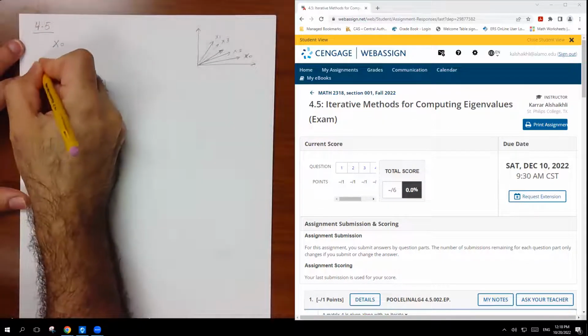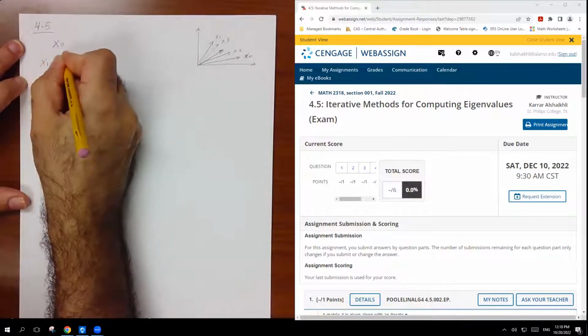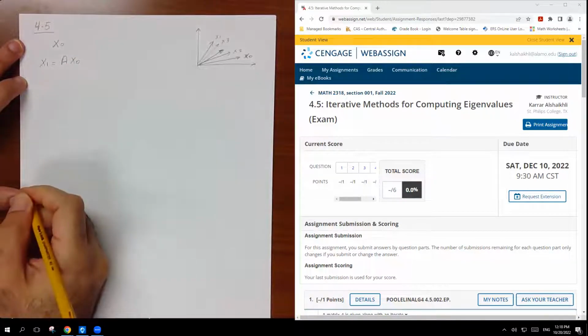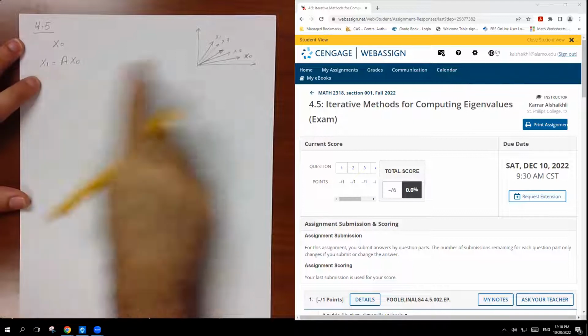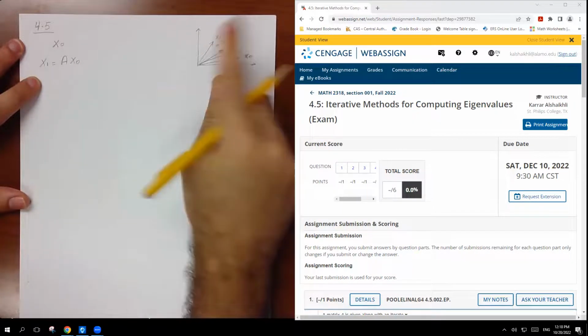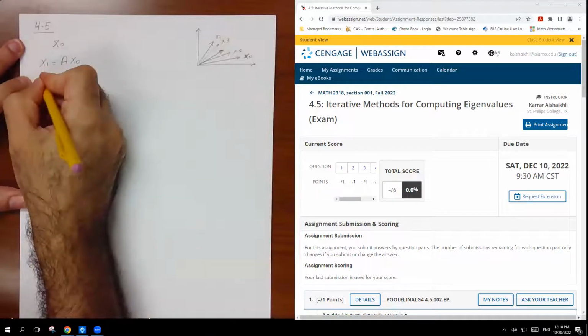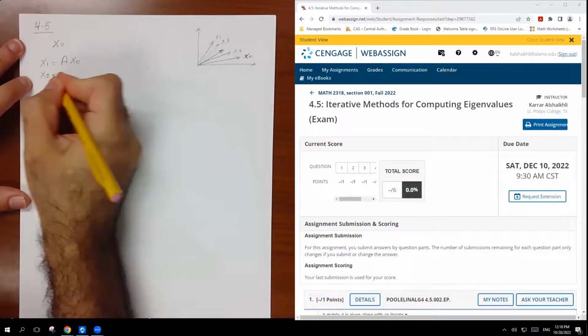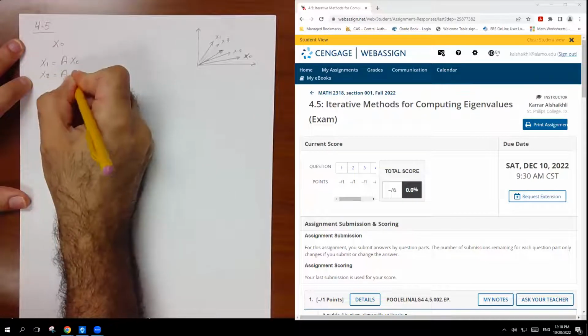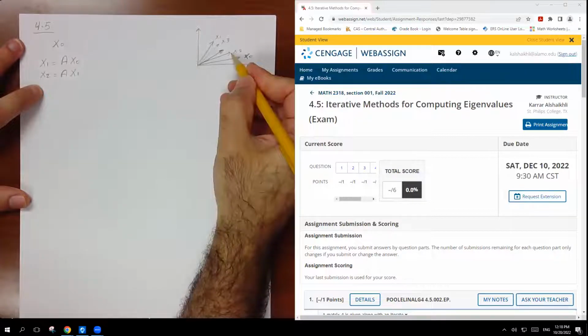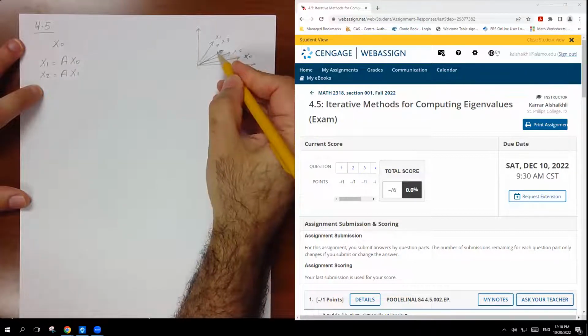We're going to say this is our initial value. To find the first one, you multiply the matrix A by x0, and we get x1. Then to find x2, we multiply the matrix A by x1, approaching the exact solution.